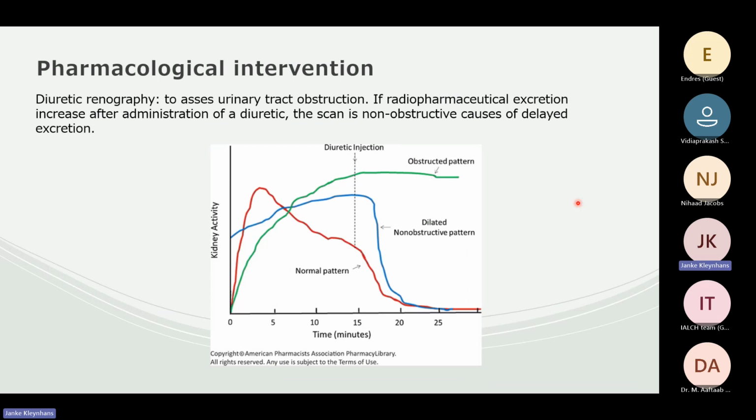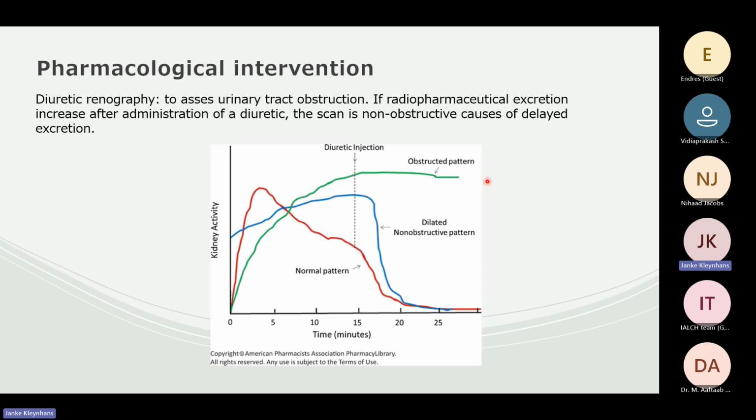Then finally, we will quickly look into pharmacological interventions. So if you do diuretic renography, you assess the urinary tract obstruction. So you want to do the normal renogram, and then after some time you administer your diuretic, and then you will see delayed excretion. So there is a difference between the normal pattern, the one that has a non-obstruction, and then the obstruction.